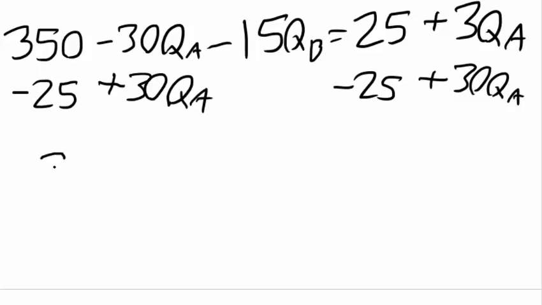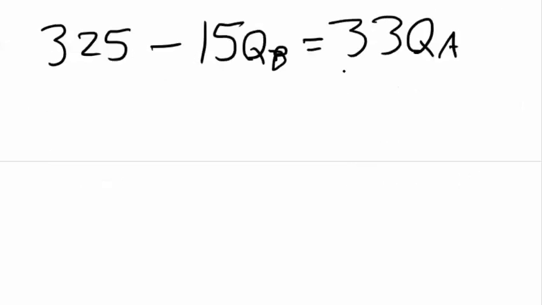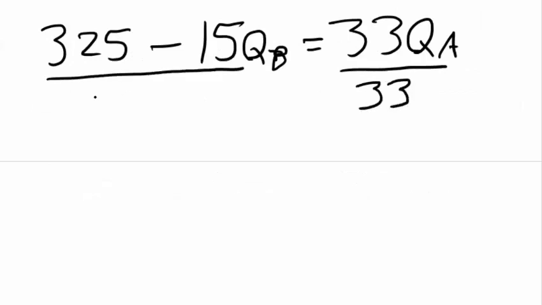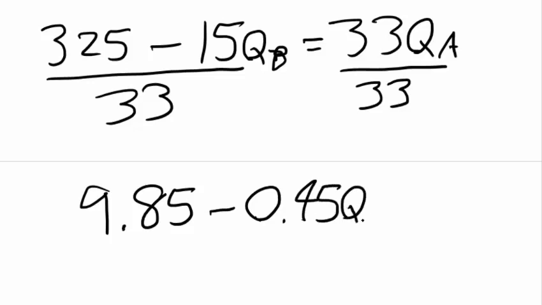And we get 325 minus 15 QB equals 33 QA. And if we divide both sides by 33, we get 9.85 minus 0.45 QB equals QA.